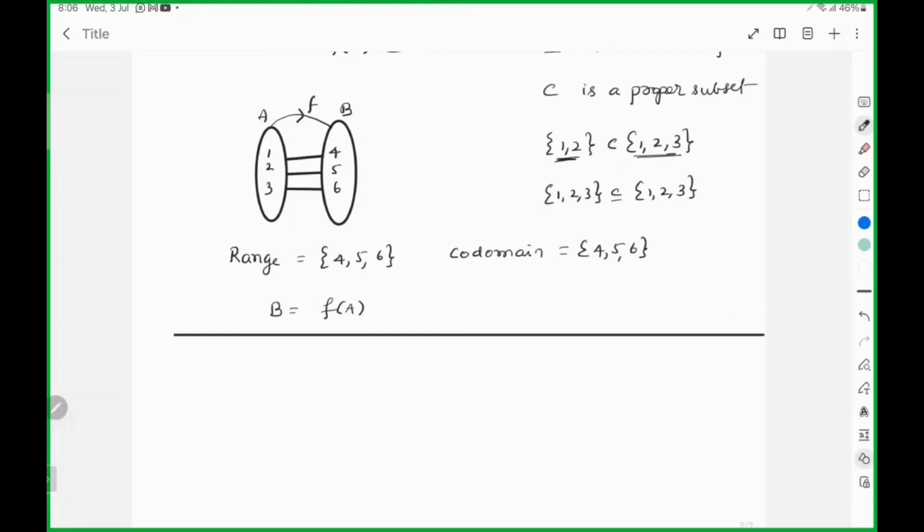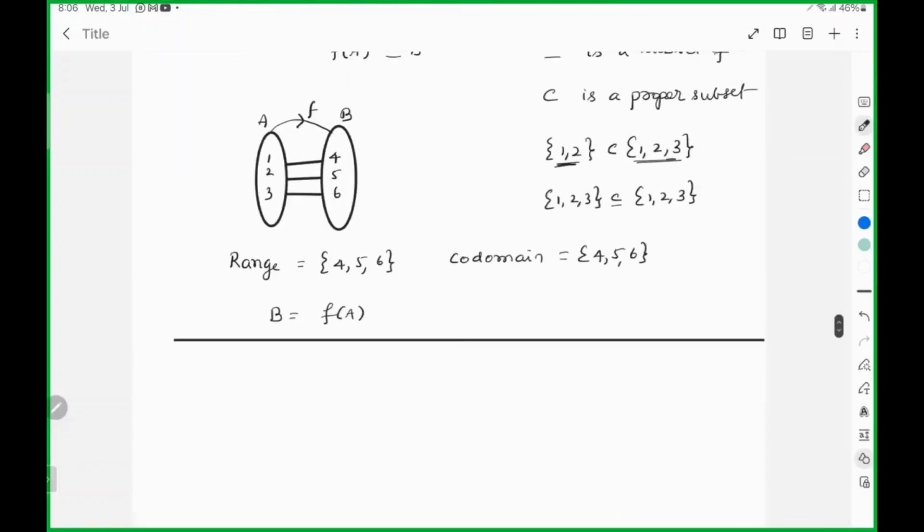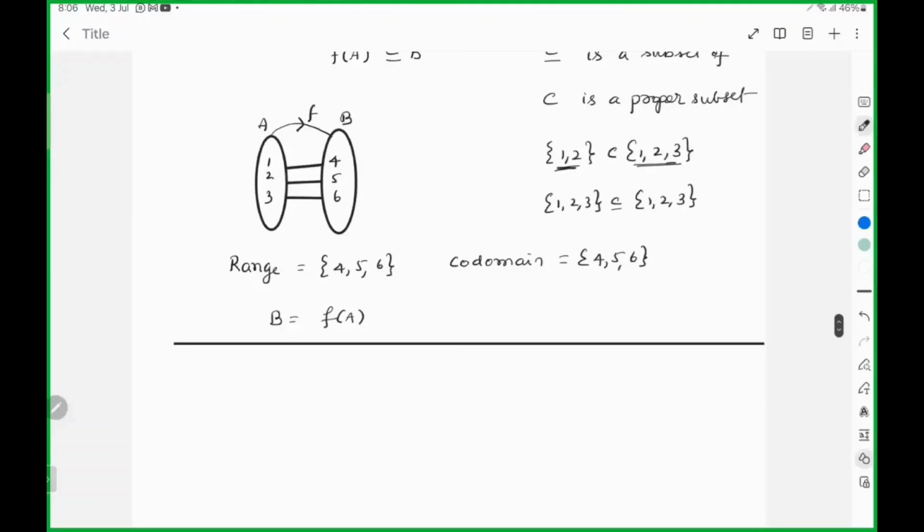And once after defining a function, how to add, how to subtract, how to multiply, how to divide in any new system, this plays a role. Operations on functions.